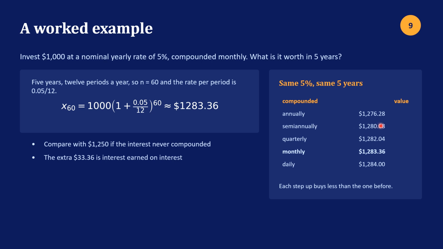Then semi-annual, it's a little bit more. Quarterly, monthly. Then, this is pretty extreme, right? You're going from 12 to 365, and you're not even getting another dollar. And what I mentioned to you was the continuous compounding, where you do it at every instant. It's just slightly more than this, so I don't have that here listed.